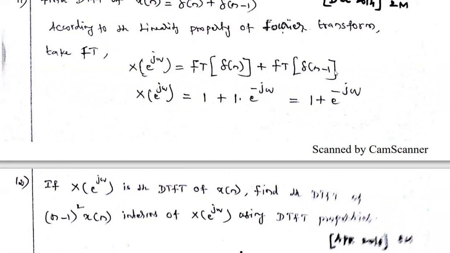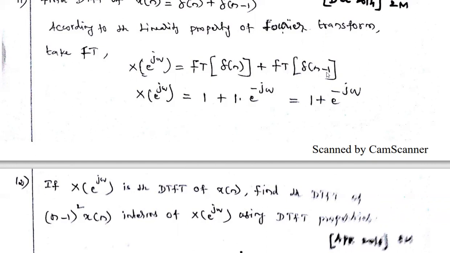Del of n minus 1 is the delayed impulse signal. To find its Fourier transform, we have to use the time shifting property of DTFT. According to the time shifting property, the DTFT of x of n minus k is X of e power j omega into e power minus j omega k.